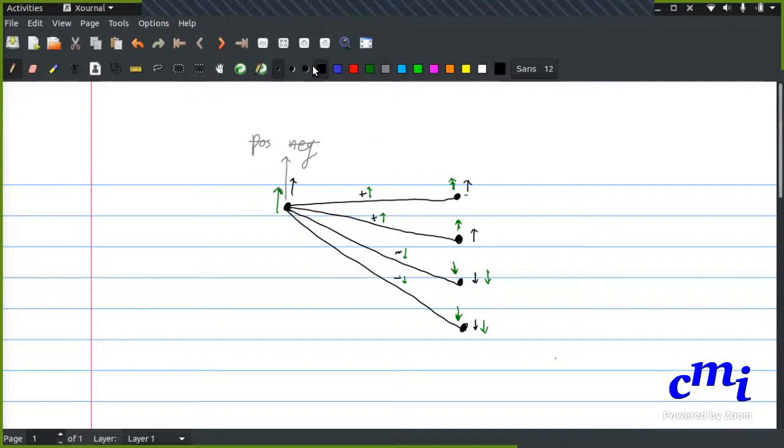Similarly, we also have another nice case where, let's say, all of these weights are negative and all of these weights are positive.